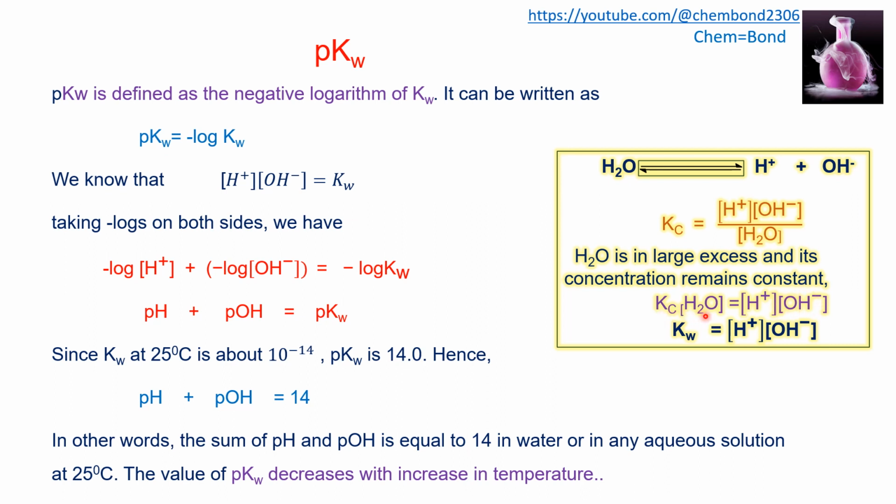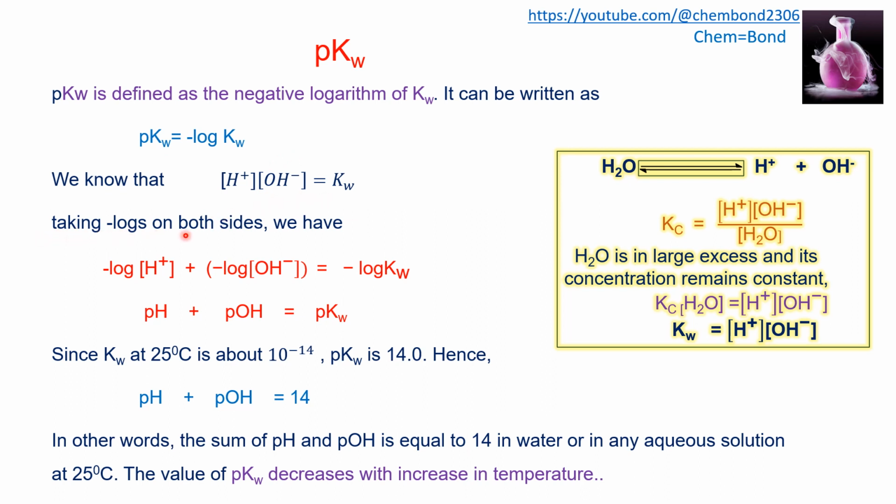Now multiplying both constants results in a single constant, that is Kw is equal to hydrogen ion concentration times hydroxide ion concentration. So the ionization constant of water is equal to the hydrogen ion and hydroxide ion concentration product.